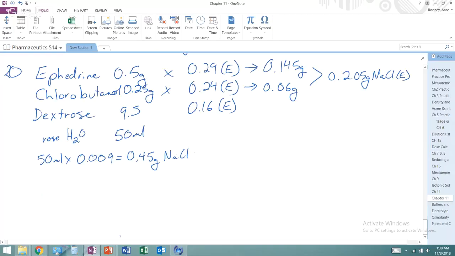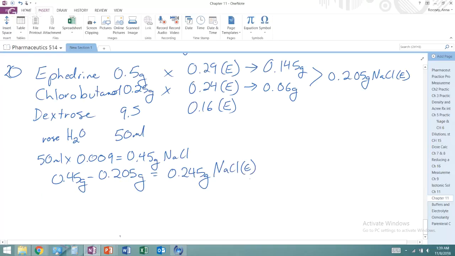And then we have to take 0.45 grams minus the 0.205 grams, and you find that that is 0.245 grams of sodium chloride that would be needed to be added. However, we are not doing sodium chloride.